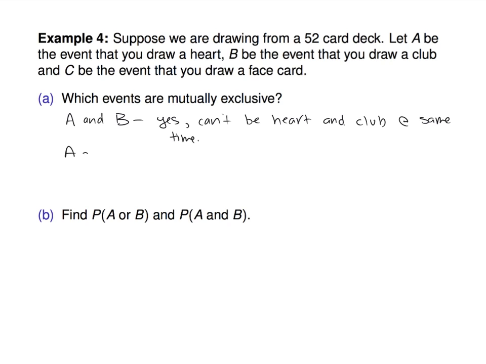Okay, how about A and C? Are there things that are in both the event that you draw a heart and a face card? Yes. So in that case, no, they're not mutually exclusive, because, I don't know, we'll say Queen of Hearts is in both.